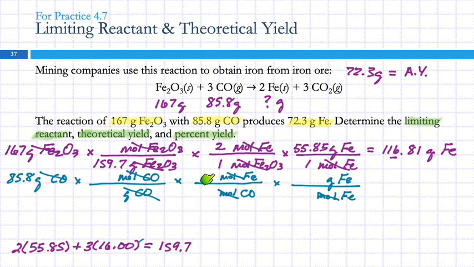Mole ratio, 3 moles of CO to 2 moles of Fe. At the end, this mass is the same as the other one. And then I have to calculate the mass of carbon monoxide.